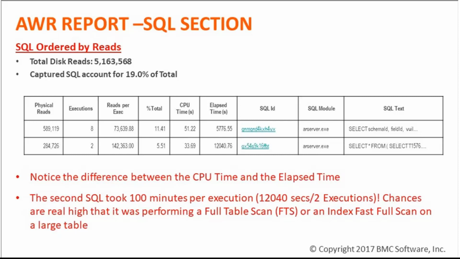When I get a report from a customer site and all I have is an AWR report, I can tell by looking at the SQL module what version of Remedy they're running, because when you're running 9.x, so 9.0 and 9.1, the SQL module will say JDBC thin client because 9.0 is written in Java. Older versions, 8.0 and before, were not in Java, so they show you arserver.exe. So right away, I know that the customer is running 8.x or 7.x.